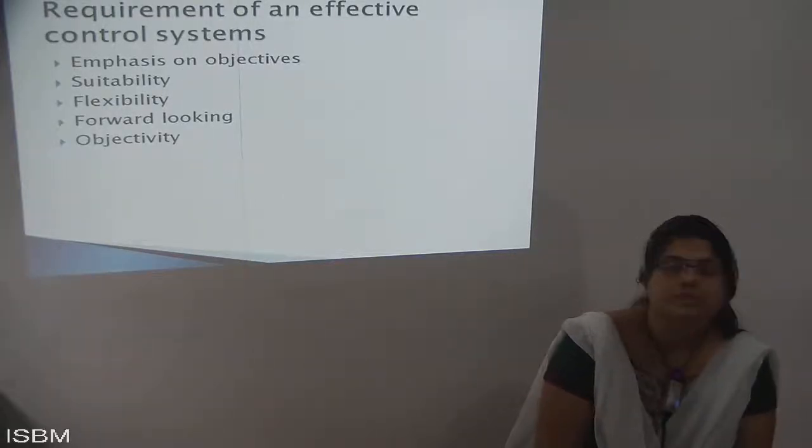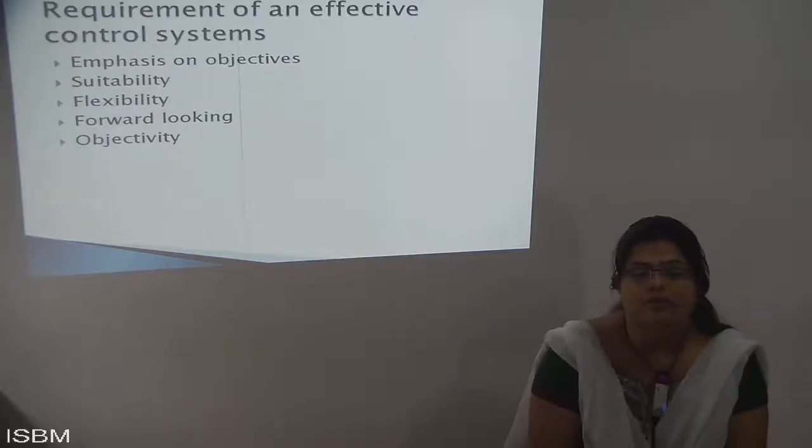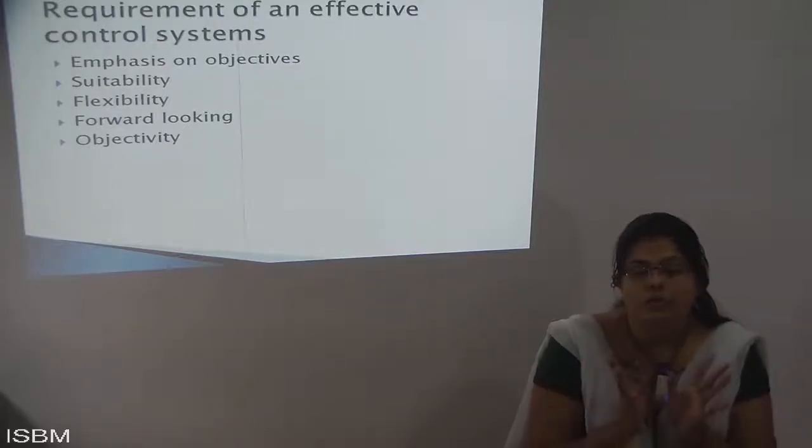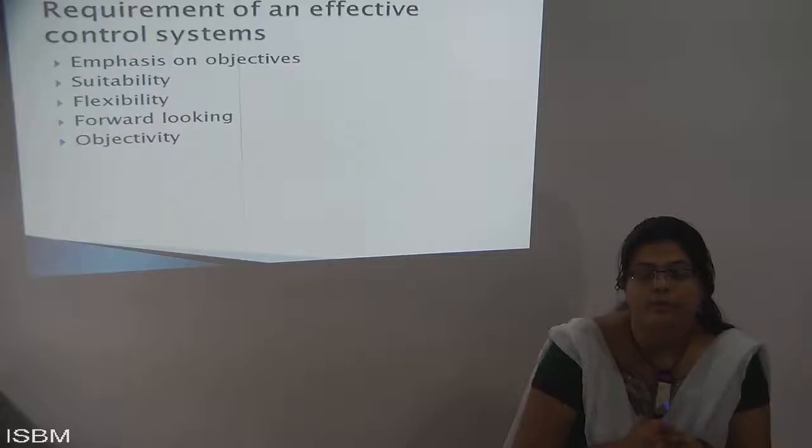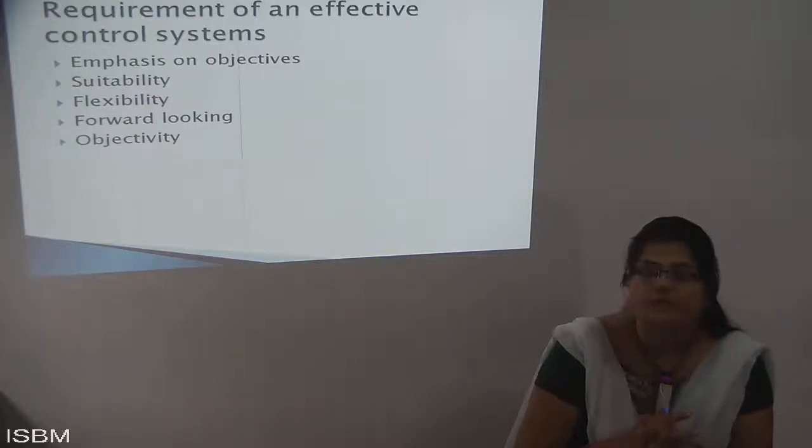Next is suitability. It should be suitable, so that all the people in the organization get a proper fit. Next is flexibility. The other person should be flexible, and I should also be flexible.